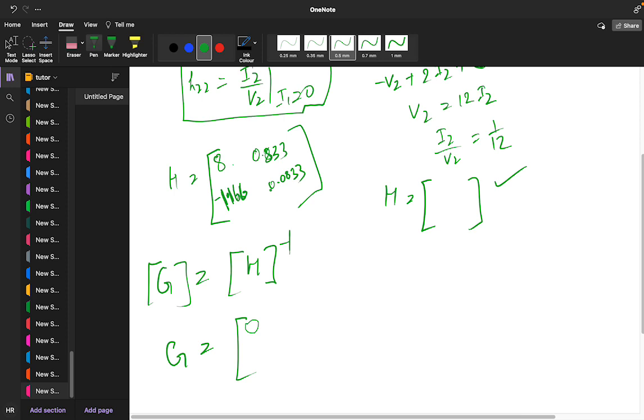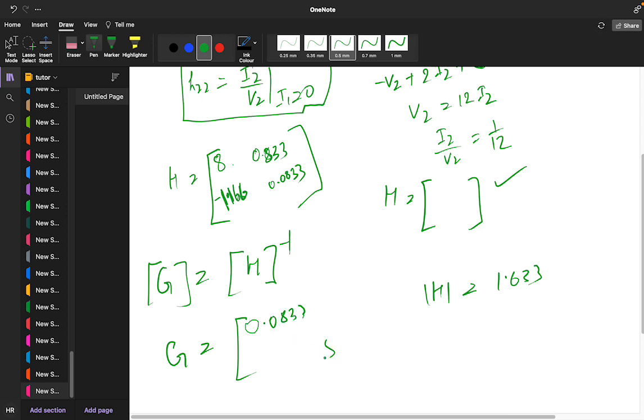First find the determinant: 8 into 0.0833 plus 0.833 into 1.166. The determinant of H is 1.633.